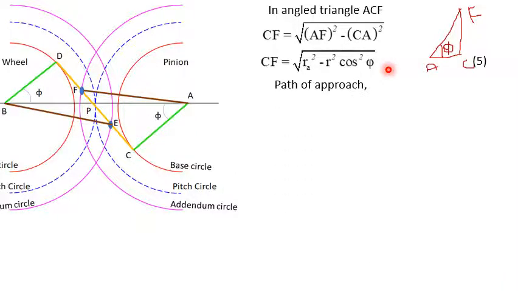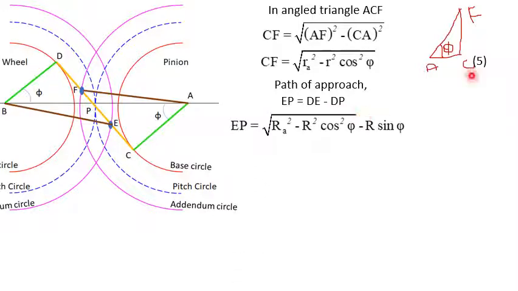Then path of approach. What do you mean by path of approach? Path of approach is nothing but EP. In this diagram you can see this length EP represents the path of approach. So this EP can be written as DE minus DP. DE minus DP represents the path of approach. We have got the equations for DE as well as DP.